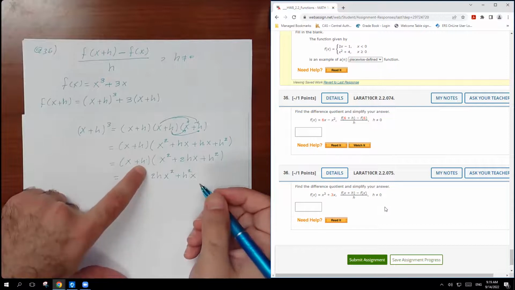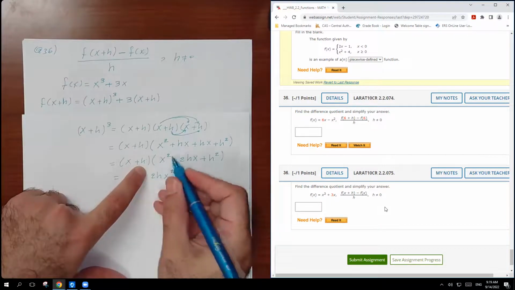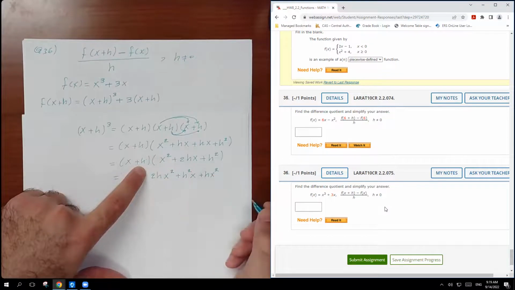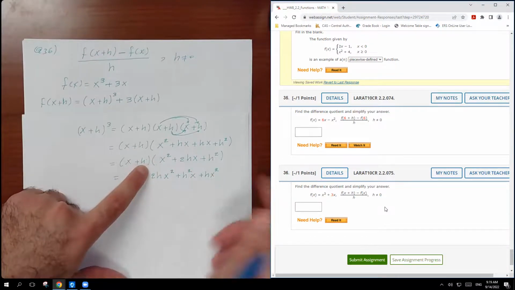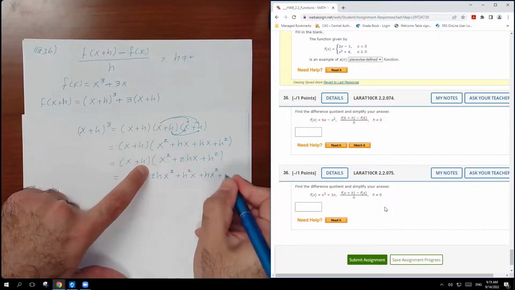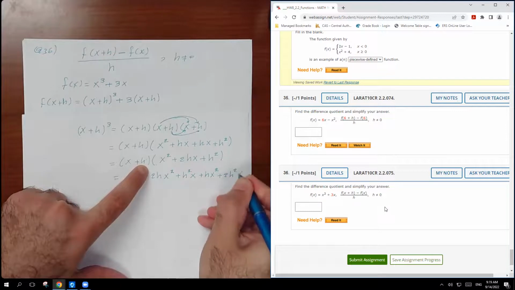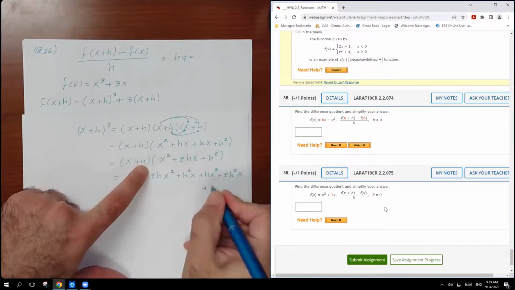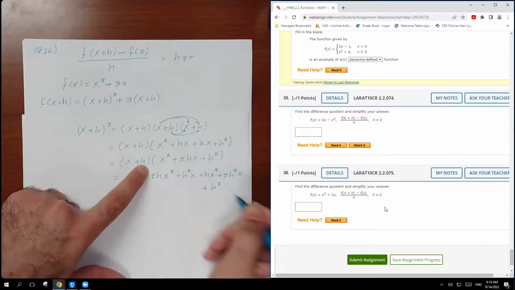Let's distribute the h. H times x squared is going to be plus hx squared. H times 2hx is going to be plus 2h squared x. And the last one, h times h is going to be plus h cubed.